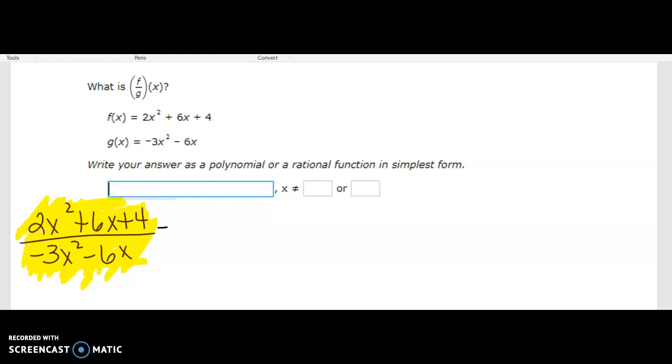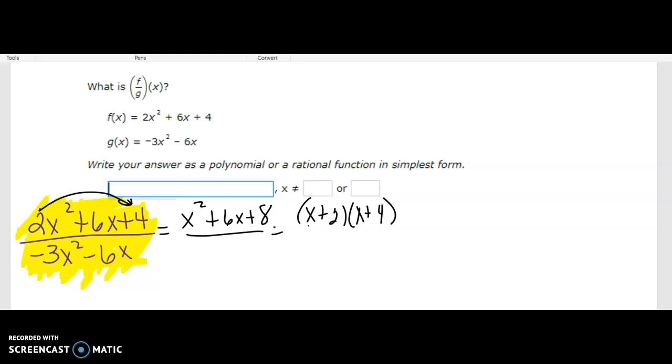So we're going to factor the top. I'm going to move the 2 over. So I'd get x squared plus 6x plus 8, x plus 2 times x plus 4, because 2 times 4 is 8 and 2 plus 4 is 6.